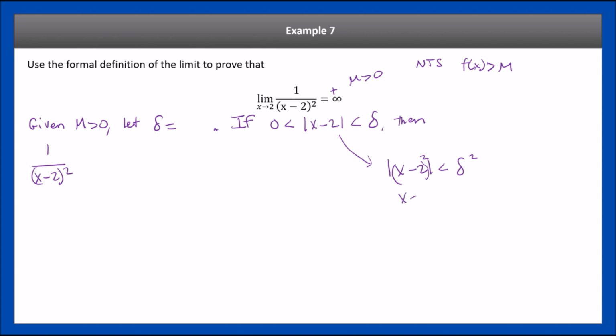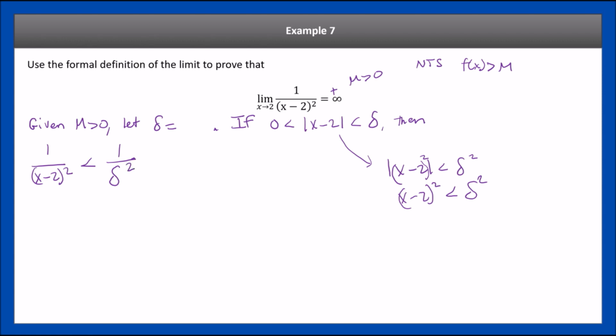So we can release the absolute value, knowing that this is going to be a positive quantity, and say that this is less than delta squared.